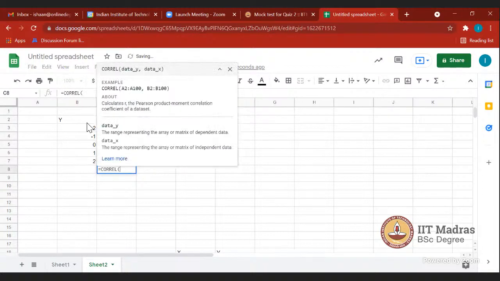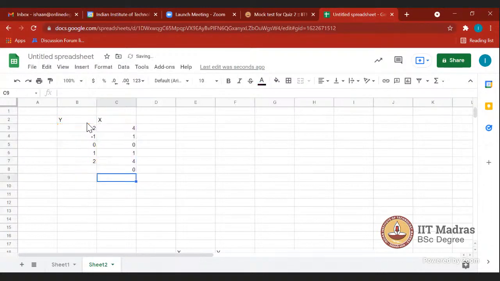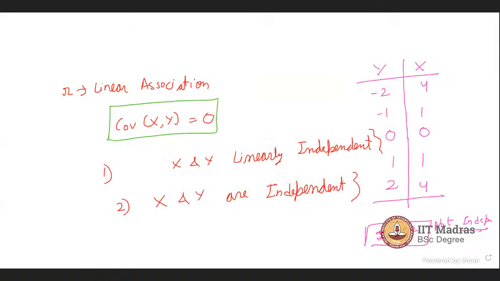Let me compute the correlation coefficient. You can see it comes out to be 0. But you see that there is definitely a relationship. So our R comes out to be 0 for this data because they are linearly independent, right? But there is a quadratic relation between the two. So our R does not tell about the quadratic relation. It only tells that there is no linear relation. So only the first statement is true, the second is wrong.